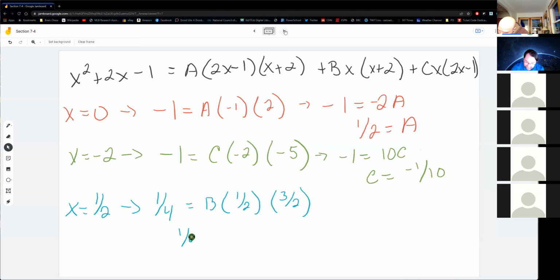So I got 1/4 equals 3/4 B. Wait, hold on. I think I screwed something up. I did screw something up. That's 5/2. So B equals 1/5.